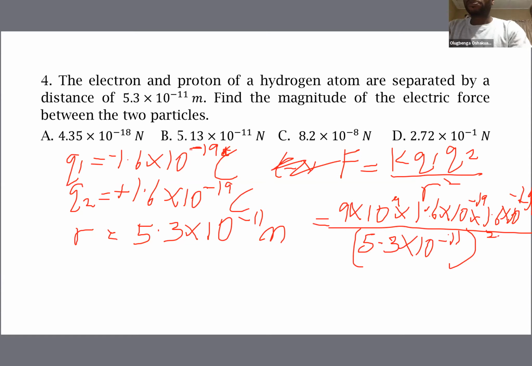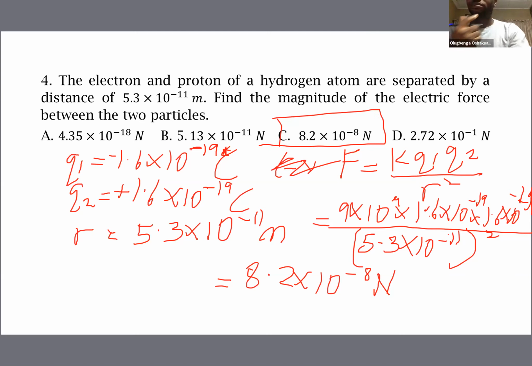And when you punch it in your calculator, you should expect an answer of 8.2 times 10 raised to the power minus 8 Newton. And that is option C.